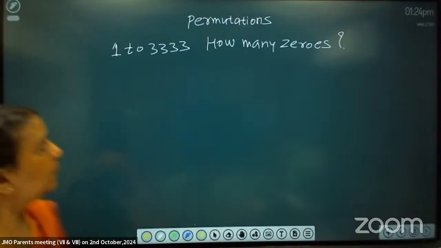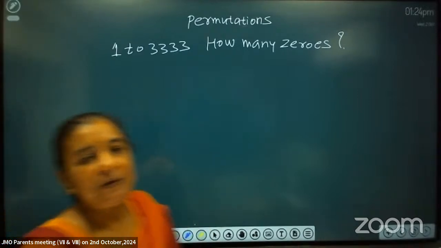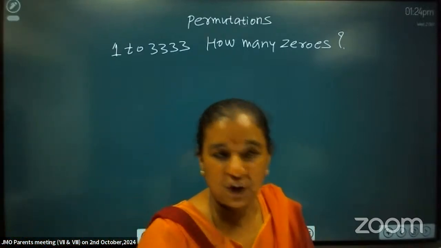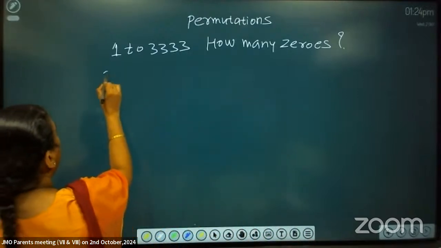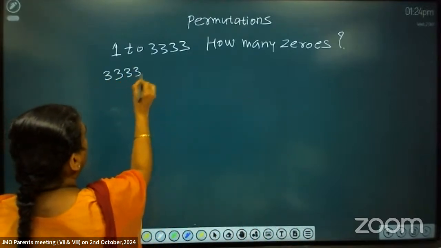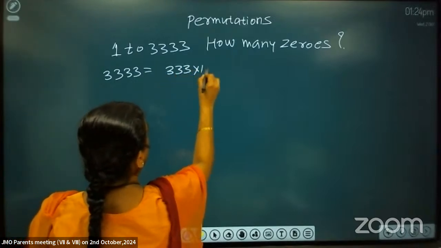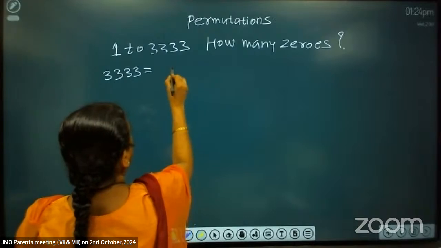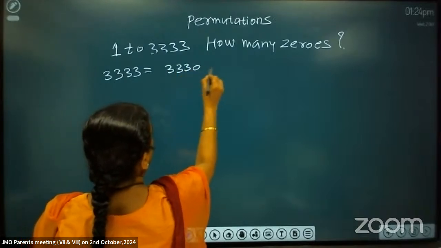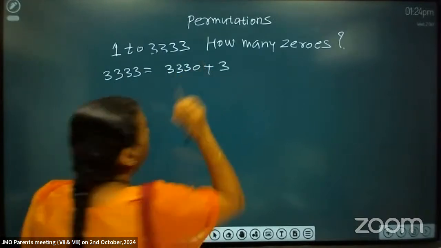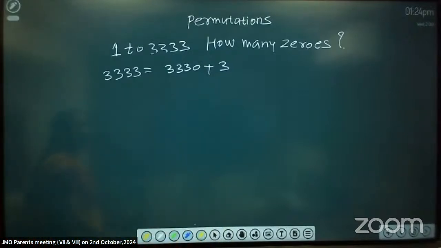Let's see. Now, 3,333, I can write this way, no? I will first write this as 3,330 plus 3, correct? That is simple.